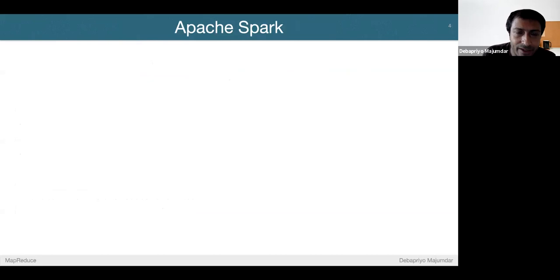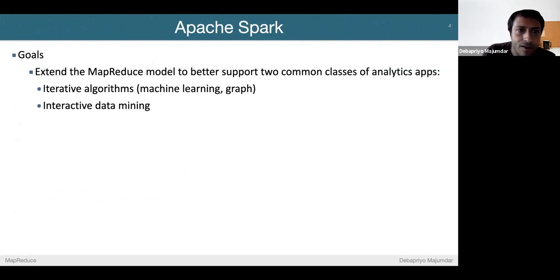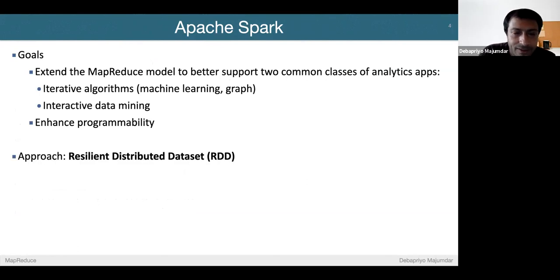So what Apache Spark aims to do, the goals are: extend the MapReduce model to better support two common classes of analytics apps. One is iterative algorithms, another is interactive data mining. It will also enhance programmability, and the way it will do it is by something called resilient distributed datasets.